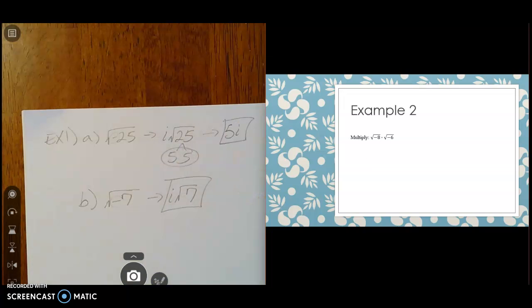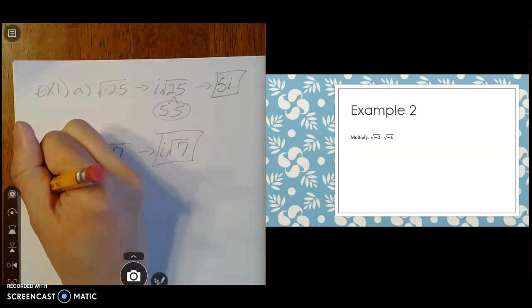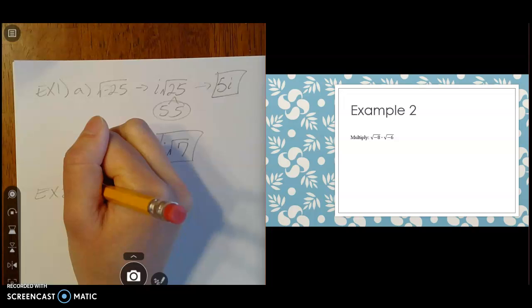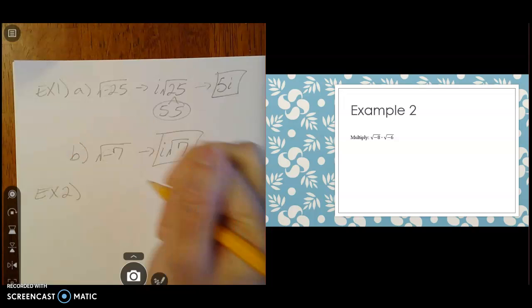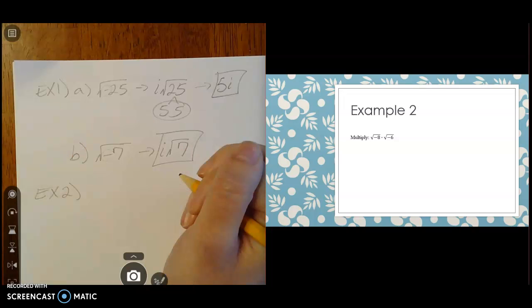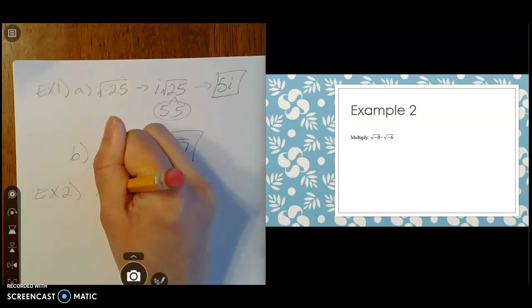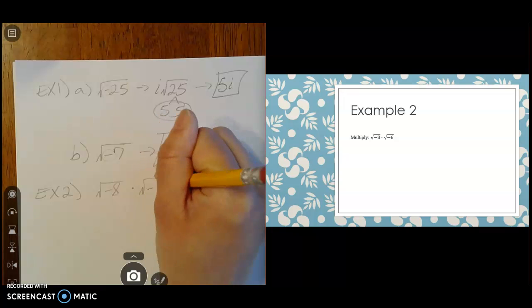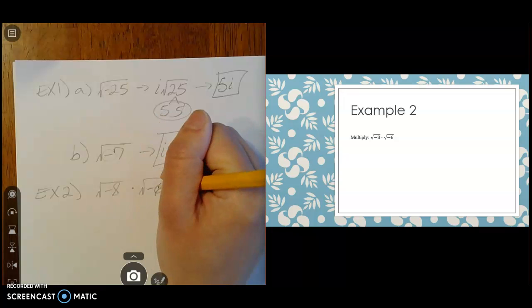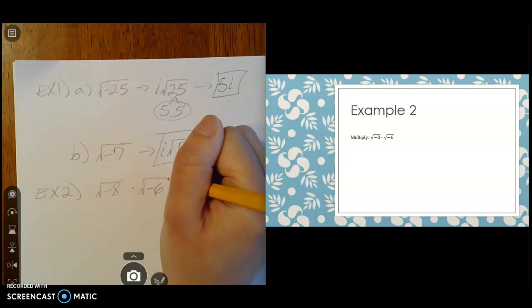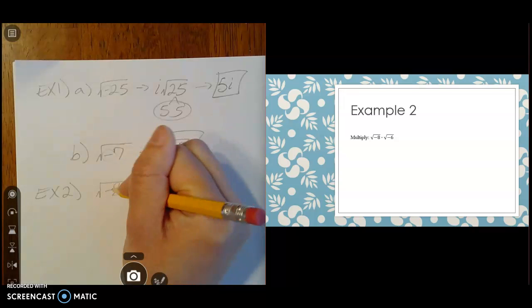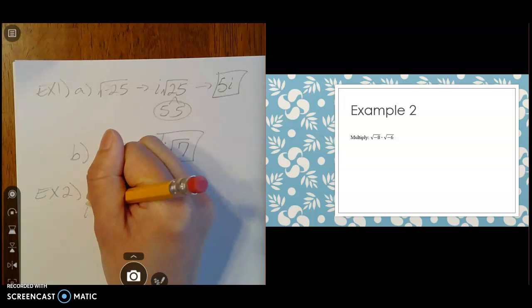Okay, what if I need to multiply things together, and they have negatives in them? Well, if you do that, the important thing is pull out your i's first. Otherwise, you're going to get the opposite of what the actual answer is. So I've got the square root of -8 times the square root of -6. So basically, simplify first, multiply second, okay? So that negative with the square root of 8, we will make it an i.